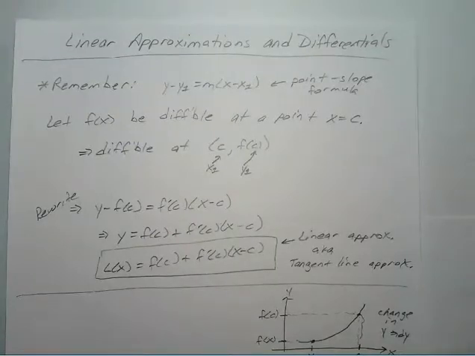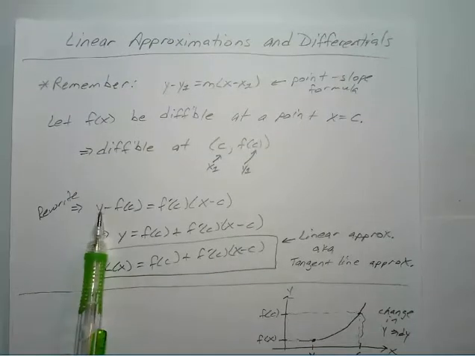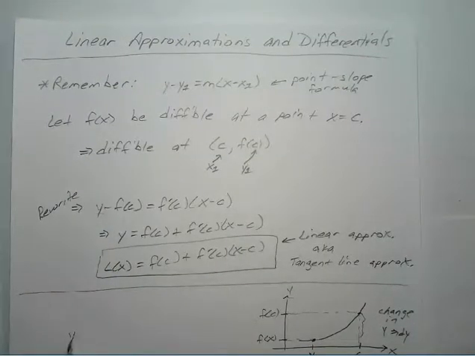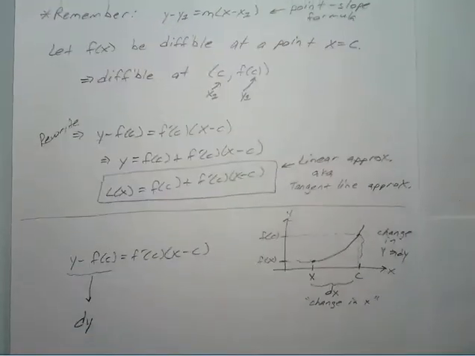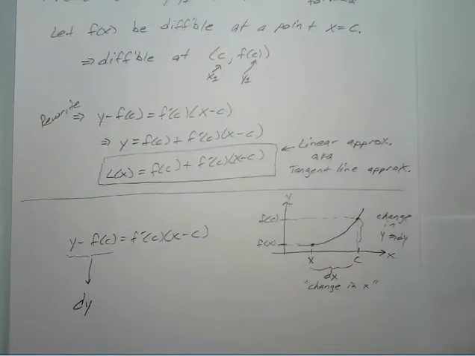So if we go right back to this formula, y minus f of c is equal to f prime of c times x minus c. We see that our change in y, f of x and f of c, that's literally just your dy. So that's your change in y. You have two different y values.